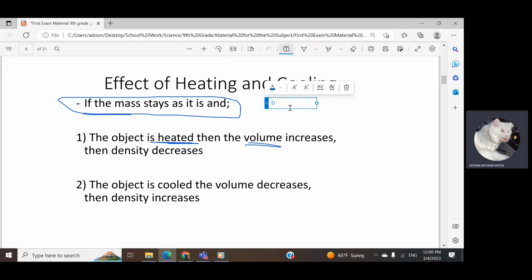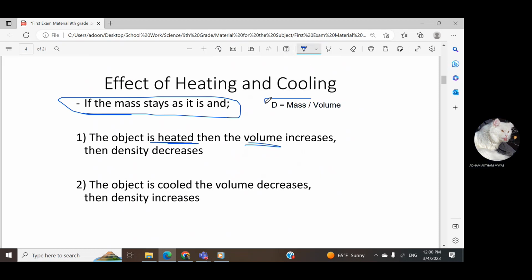So density equals mass over volume. Let's make it bigger, and I'll make it in the back. Okay.